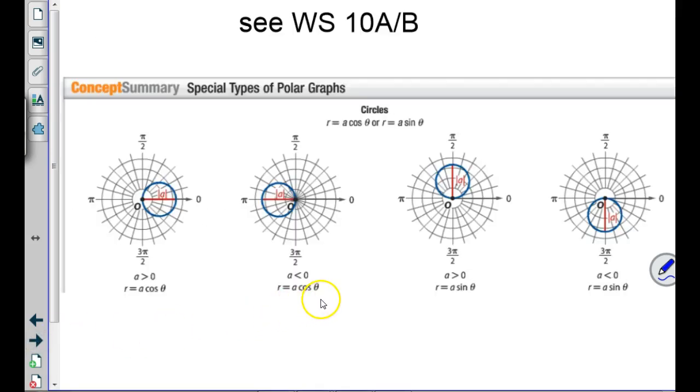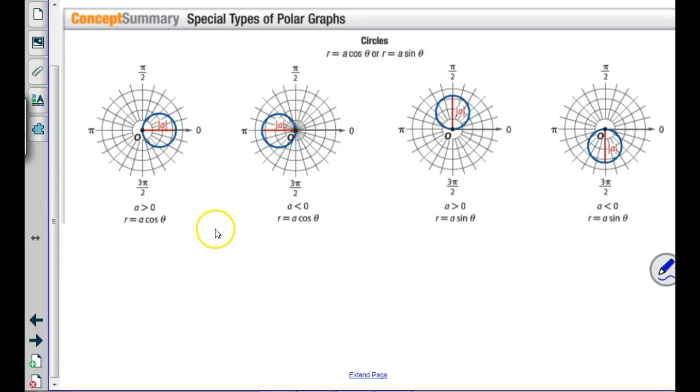Okay, this is worksheet 10. Everybody got our worksheet 10? I want you to just look through these. It says if you graph something like r equals 2 cosine theta, you're going to get this shape. Because it's cosine, it has x-axis or polar axis symmetry. Everybody see that?